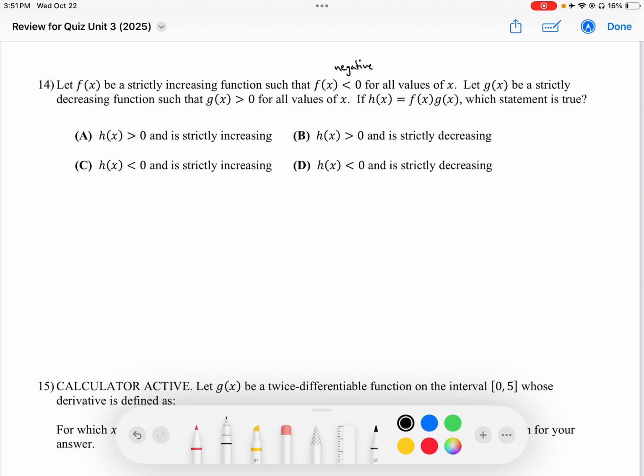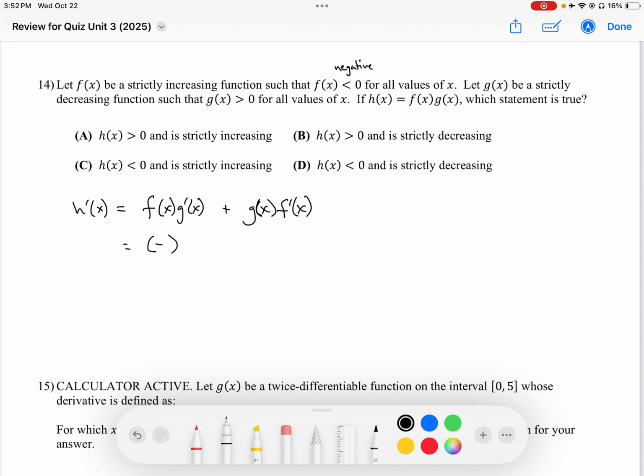It looks like they want us to investigate whether h is increasing or decreasing, so we need to find h prime. Well, h prime would be f of x times g prime of x plus g of x times f prime of x, right? Because that would be the product rule. But what do we know? We know that f is negative.